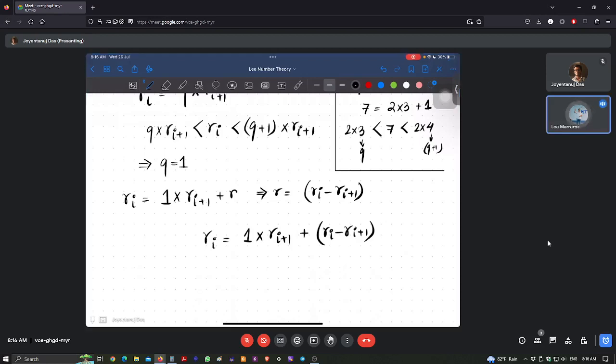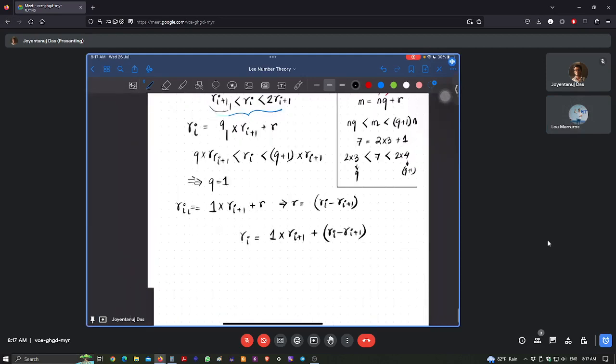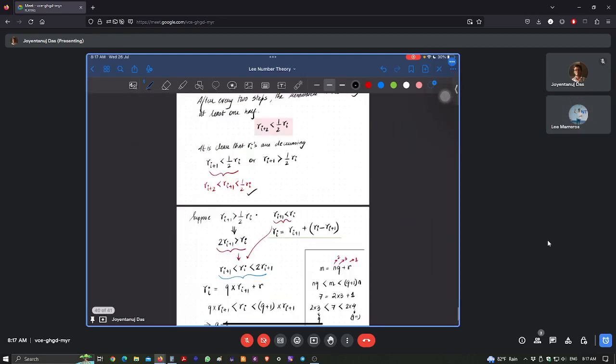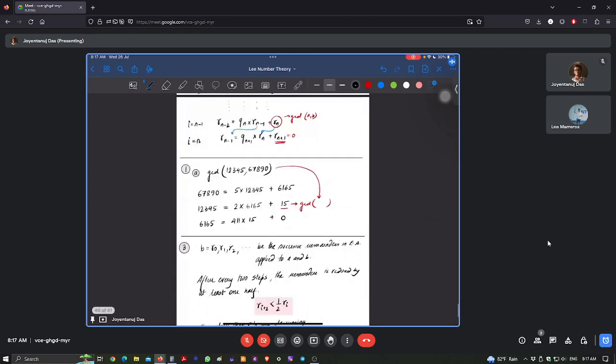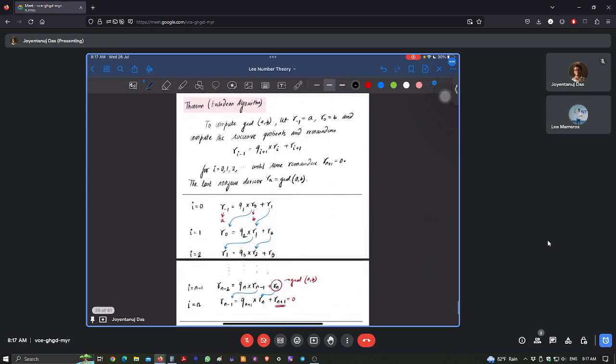Below is the general formula, right? Ri is going to be Q multiplied by Ri plus 1 plus some R, and that R we already found. So when I have i and i plus 1, my remainder is the next one.